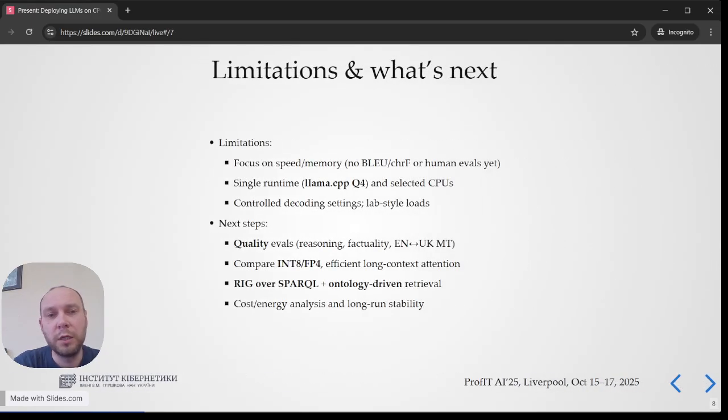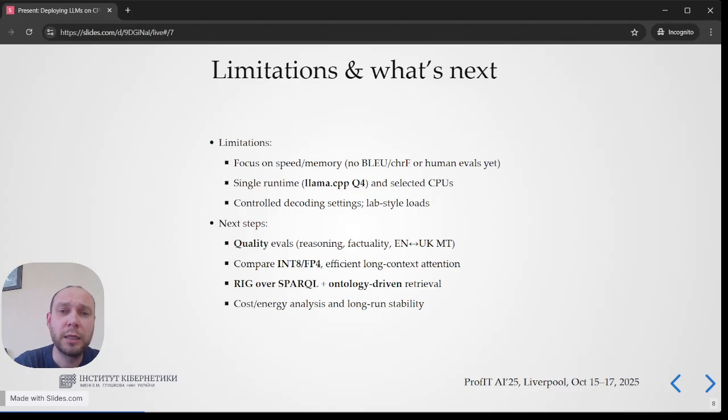So next up, I want to talk about limitations and what's next. This study emphasized throughput, latency, and footprint. We did not report quality metrics here, and we fixed on llama.cpp 4-bit quantization with a specific virtualization stack.